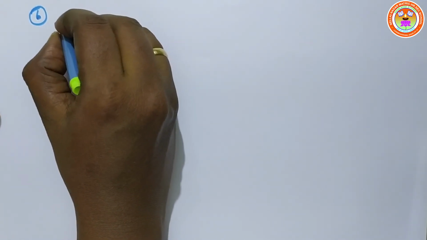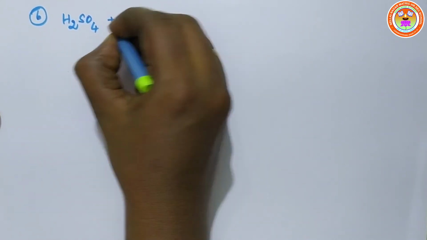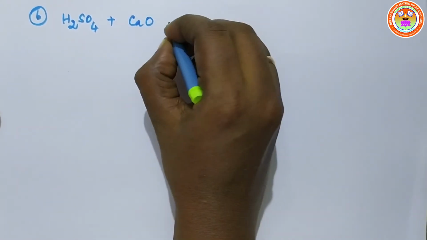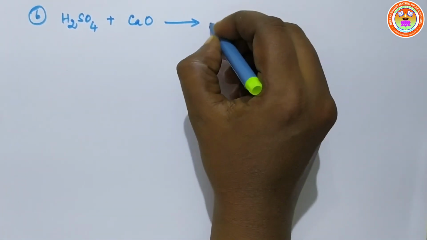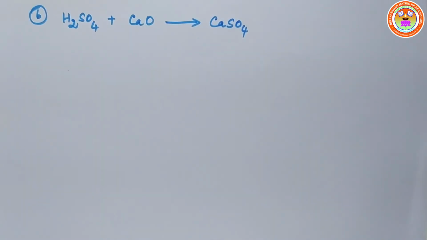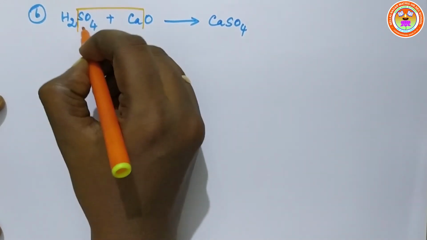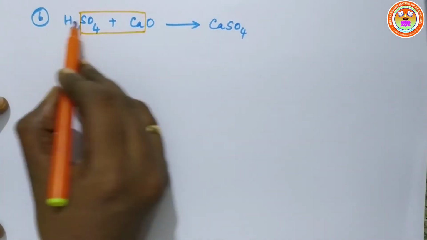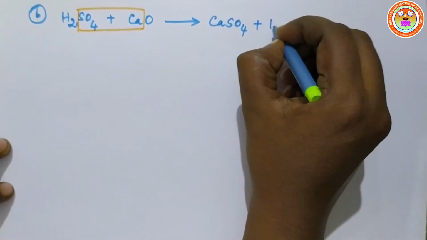When H2SO4, which is also an acid, reacts with a metallic oxide, it results in the formation of salt, calcium sulfate, CaSO4. What is the remaining part? H2O, so we get water.